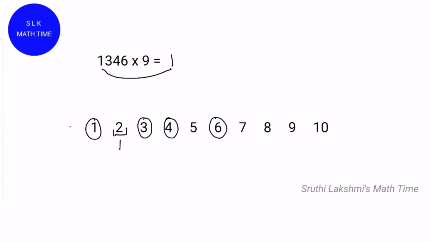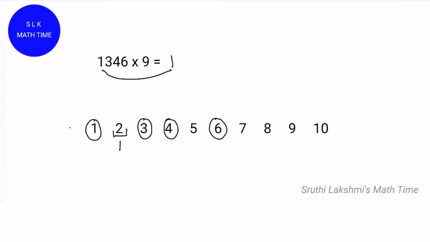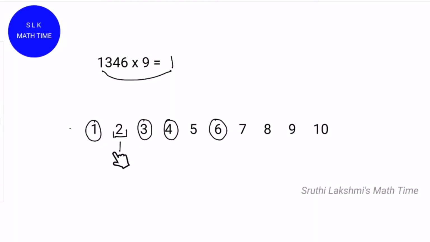Now, as you see, in the previous example, when we multiply a 3-digit number by 9, I told you that for the second digit you add 1. And also I told you that when you multiply a 4-digit number by 9, we add plus 1 to the second digit and plus 1 to the third digit.